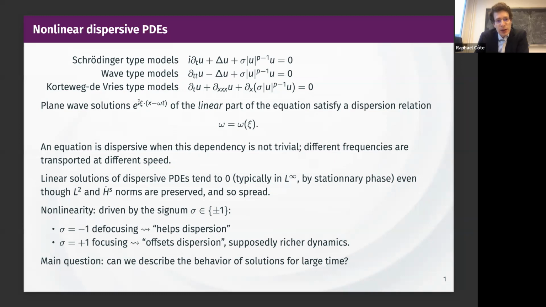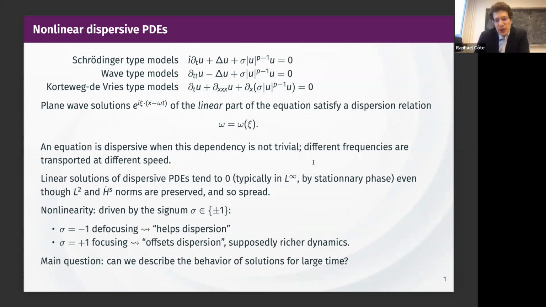This is a plane wave at frequency psi, moving with speed omega. The speed depends on the frequency, which is a sharp contrast with, for example, the transport equation or the heat equation. We say it's dispersive when the dependency is not trivial, so different frequencies are transported at different speeds.